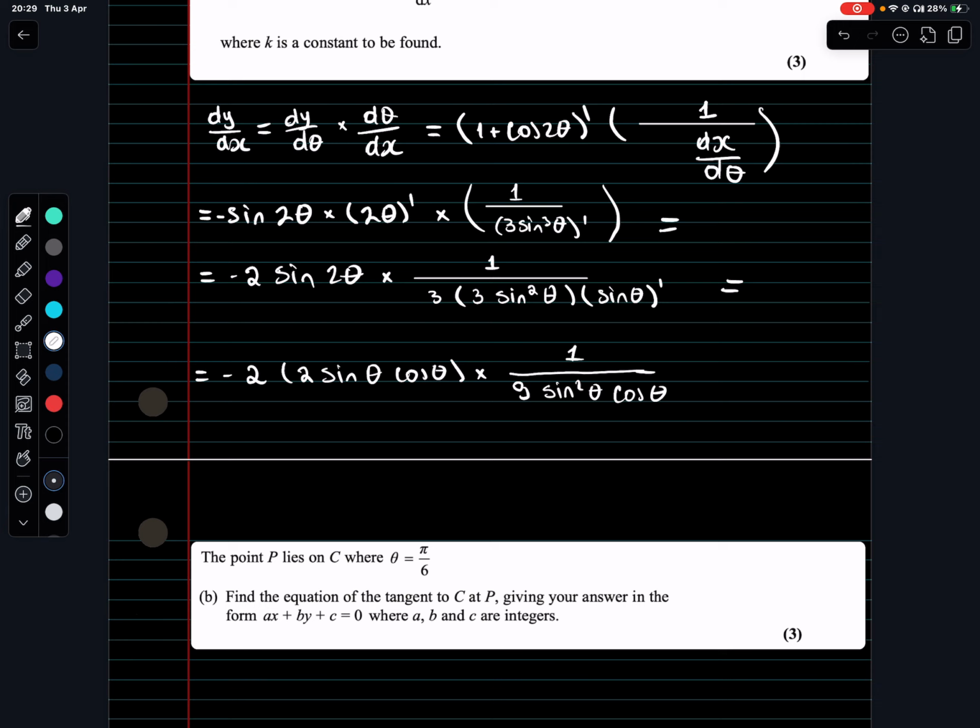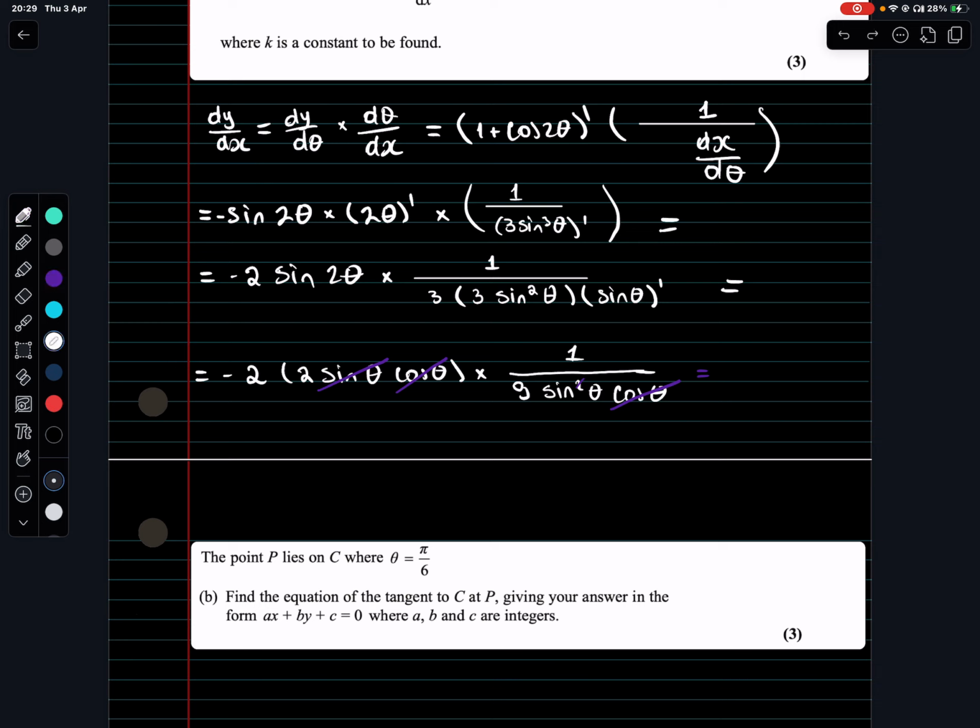Now we have a couple of things to simplify: the cosine cancels with the cosine, and one of the sines cancels.